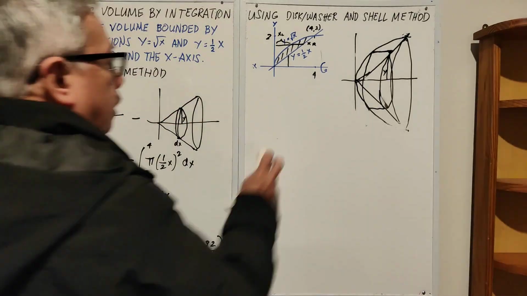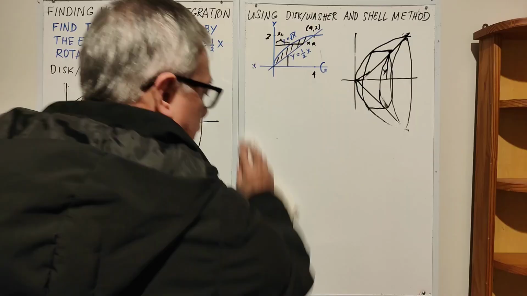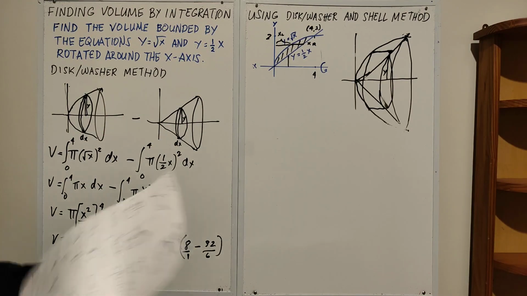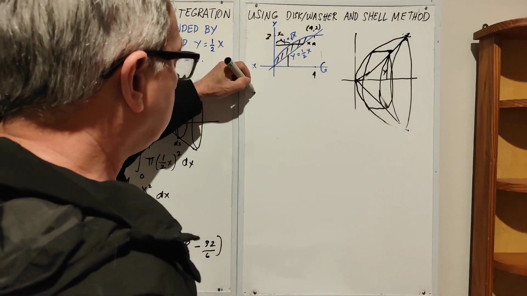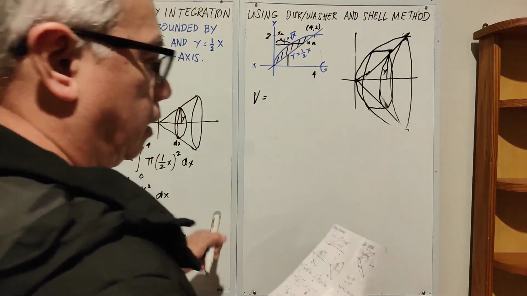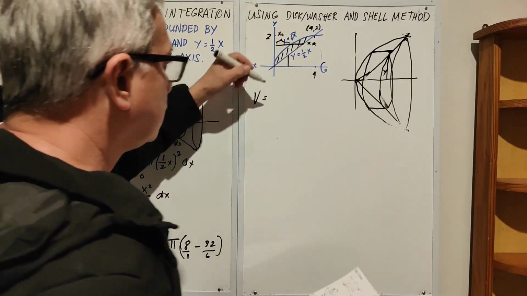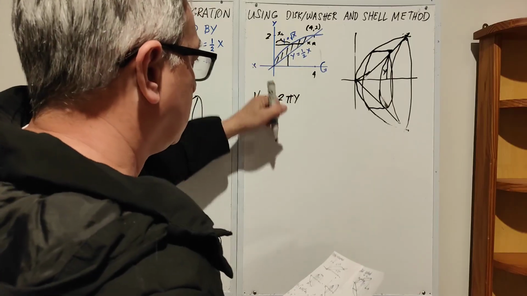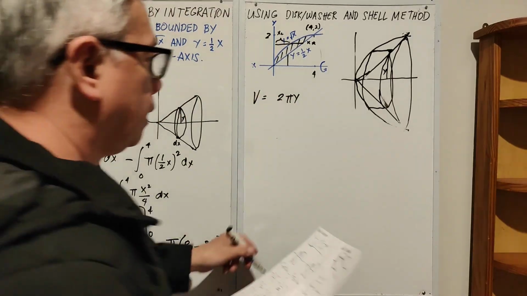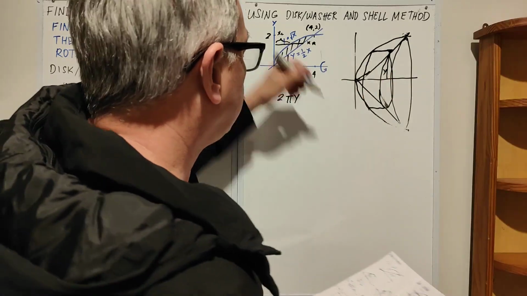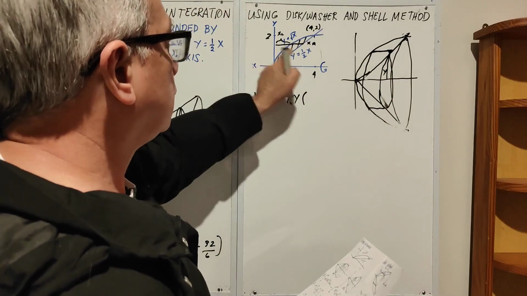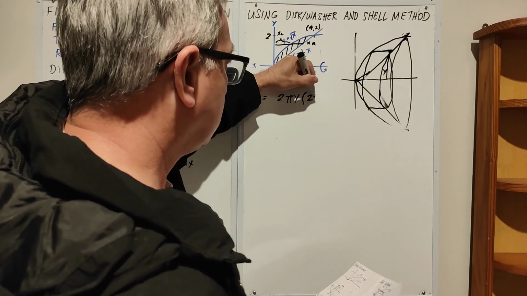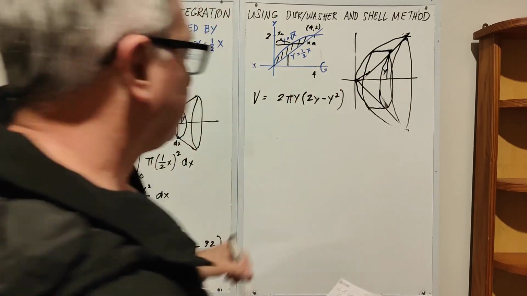The volume would now be, let me clear up this one first. So the volume is equal to the circumference, 2 pi r or 2 pi y, multiplied by the thickness of your shell, which is 2y minus y squared.